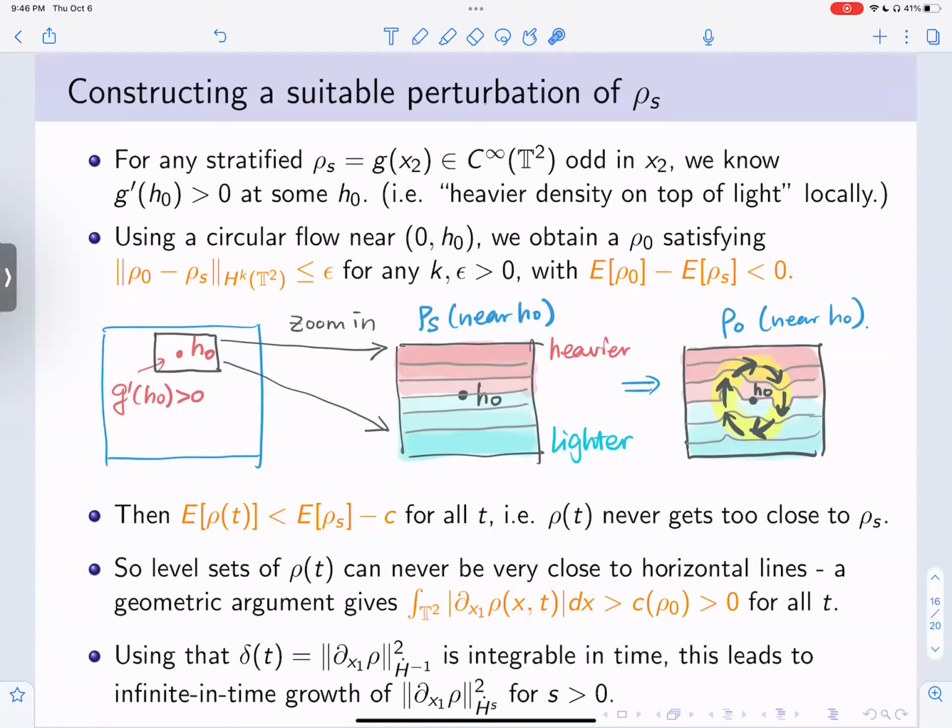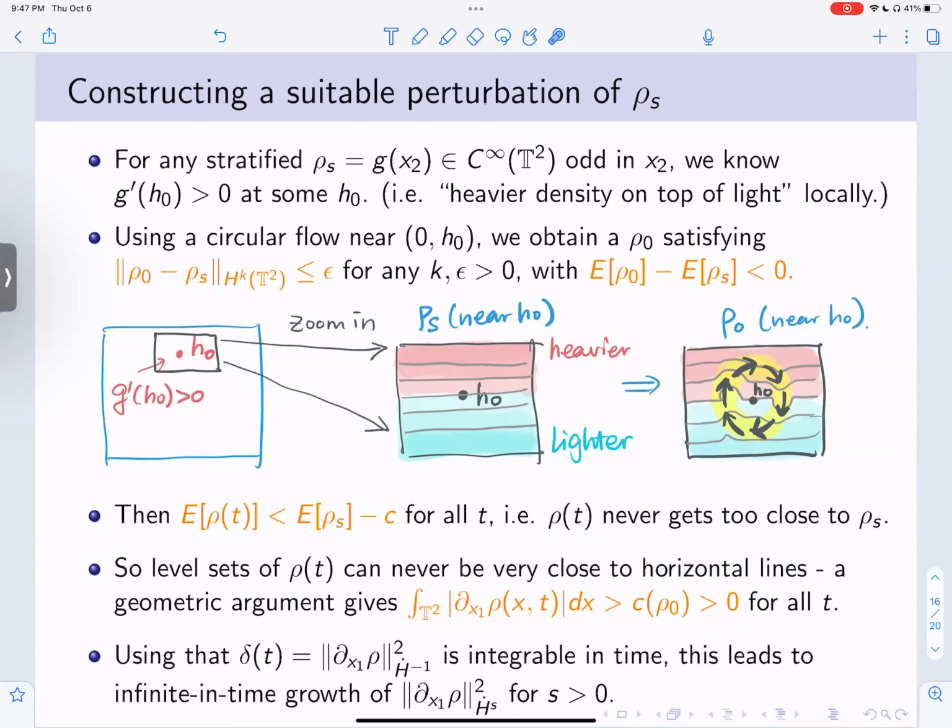So there is a geometric argument that shows that, once there is this gap in the potential energy, and on the other hand, the level sets are topologically equal to the level sets of rho zero, meaning that it is rho s transported by some incompressible flow, then one can show that this integral can never get too small. It is always bounded below.